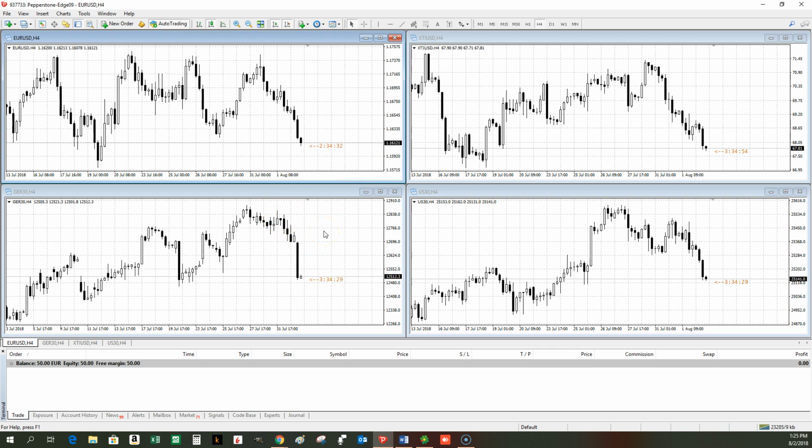I just want to remind you something. Guys, if you have a broker telling you that you cannot do scalping on their platform, you just close the account and come to Pepperstone. I'm telling you, the brokers that are not letting you scalp on their platform are very, very suspicious brokers.